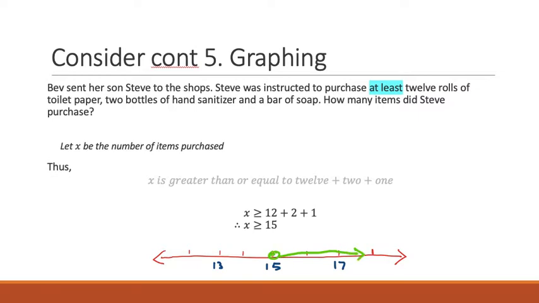And then I'll fill this circle in because it says it touches at 15. So what this represents is x is any value at 15 or above, but not below, because x is greater than or equal to 15.